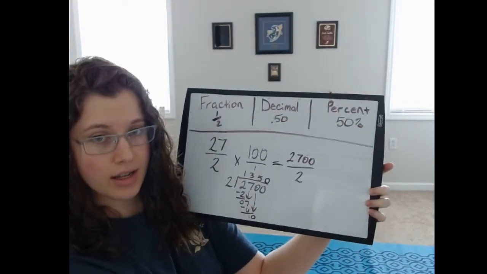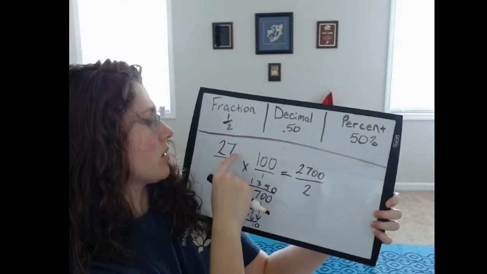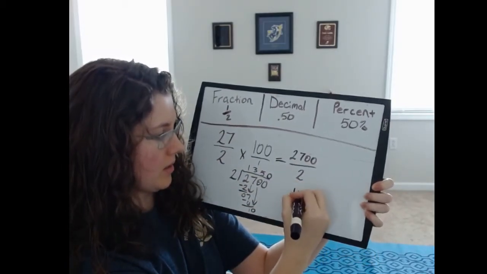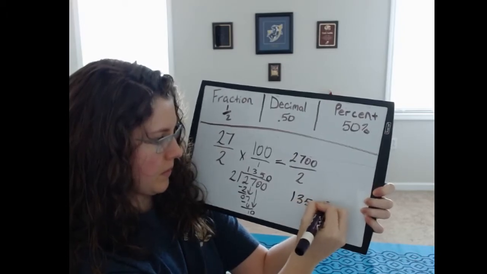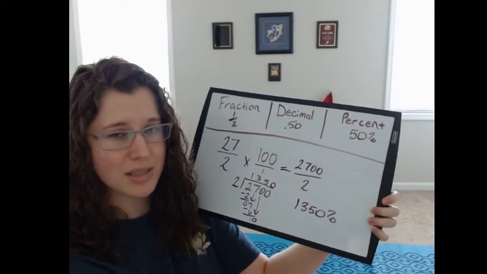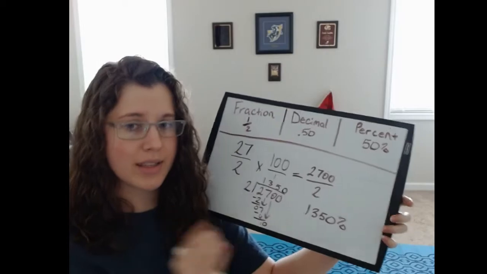Now, believe it or not, your answer for converting 27 over 2 is going to be 1,350%. I know that doesn't make a whole lot of sense just glancing at it, but think of it this way.